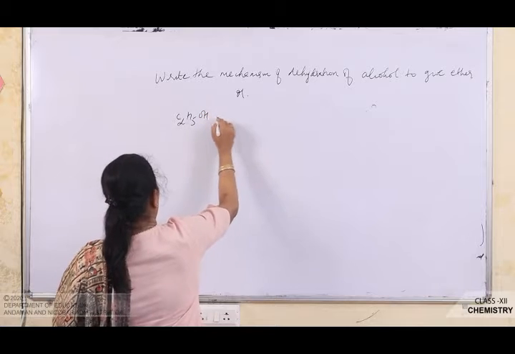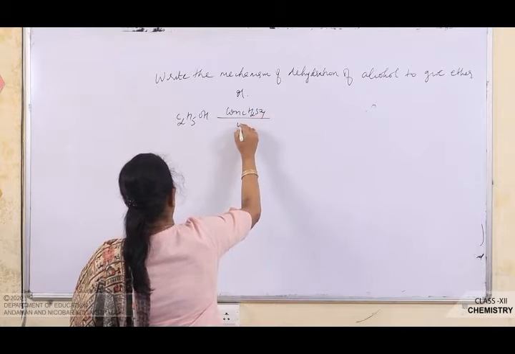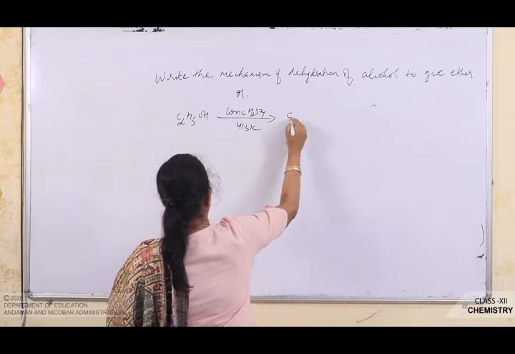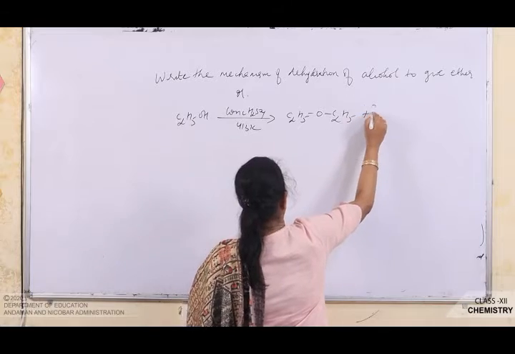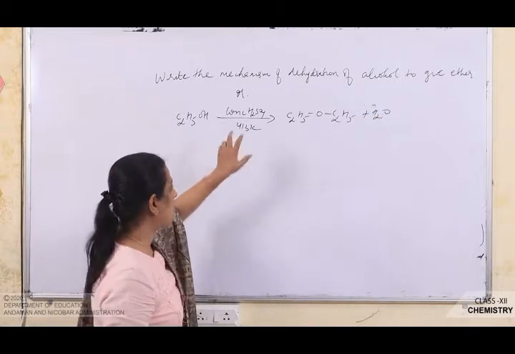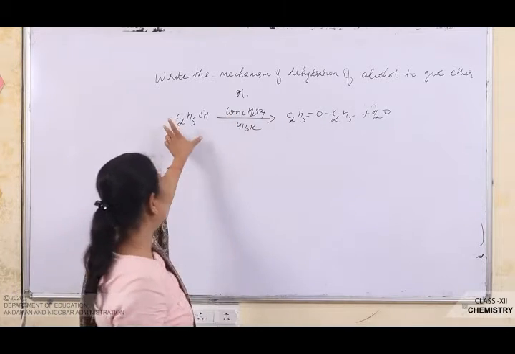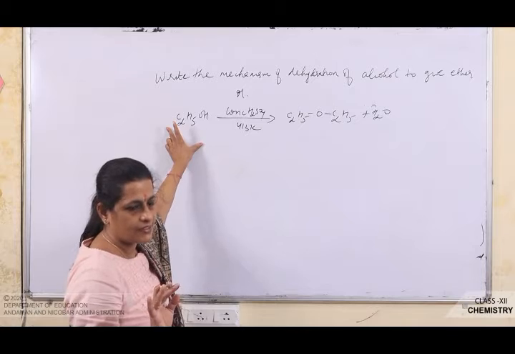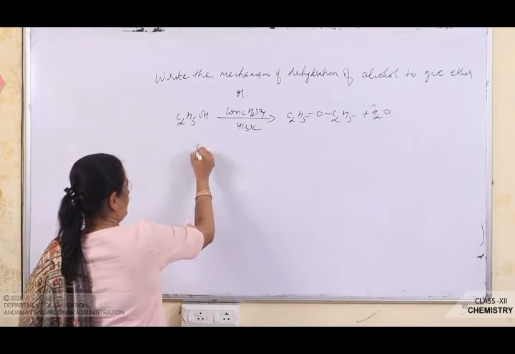C2H5OH, concentrated sulfuric acid, at 413 Kelvin gives you C2H5OC2H5 plus H2O. So, this way also they may give you a reaction and ask you to propose a mechanism. See, when the temperature is 413 Kelvin and the product is ether, just think that the alcohol which you are taking is in excess. That means it is more than one molecule. So, always what is the first step?